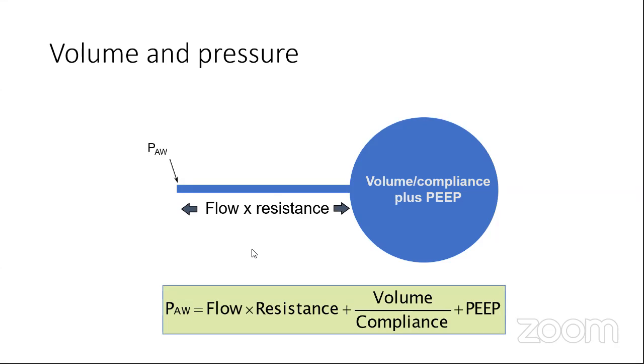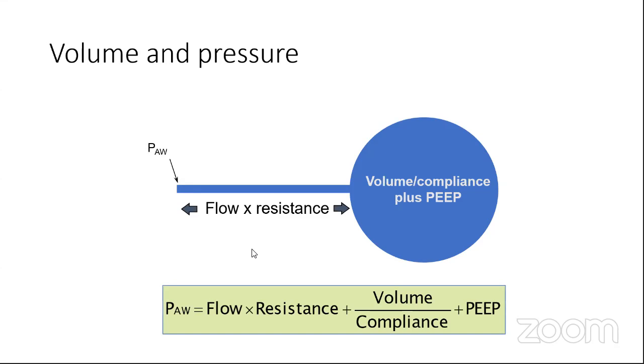So those three components, the PEEP, which is the residual pressure before we start inspiration, the plateau pressure that is needed to overcome the elasticity, and the other pressure that is needed to overcome the resistance, all together contribute to the peak airway pressure.